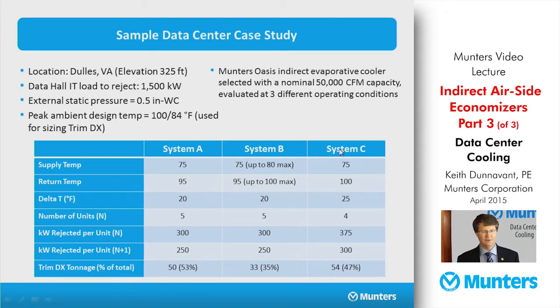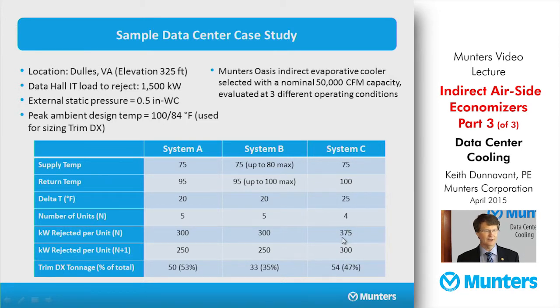Next is System C, where we are going to hold a fixed 75 degree Fahrenheit with a 100-degree return. So the only change here is that we're increasing the delta T from 20 to 25 degrees, which has a significant impact in that now we can reject the load with only 4 units.